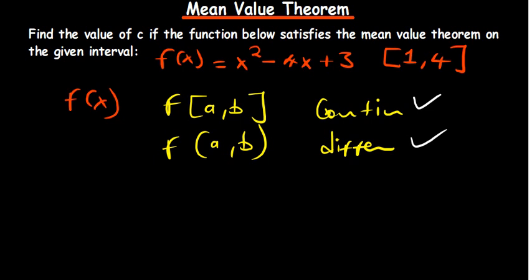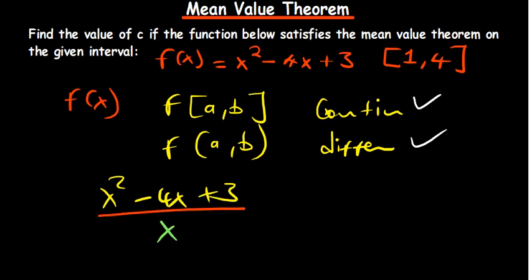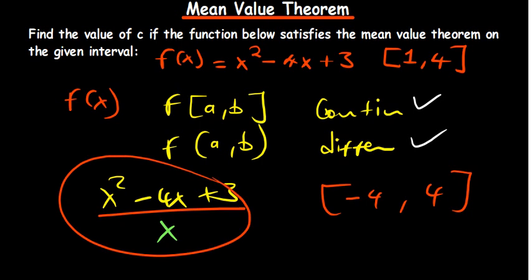For example, let me convert this very function to something that is more rational. Let's say we divide this function by x. Of course, if I give you a positive range, you can agree with me that it's also going to be continuous. But if I give you an interval from a negative number to a positive number, you agree with me that this function is not going to be continuous.